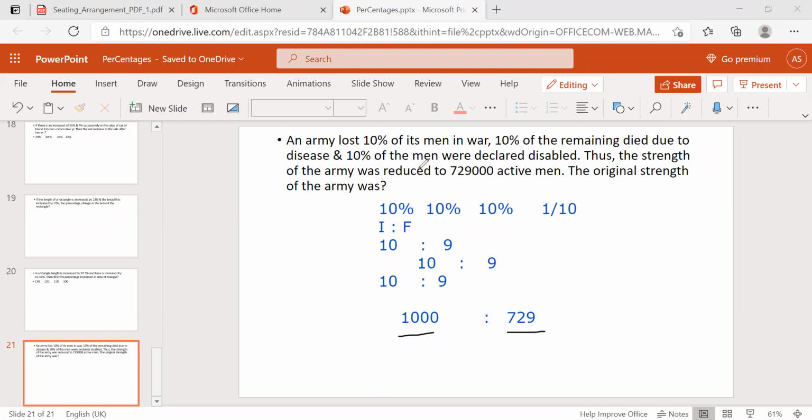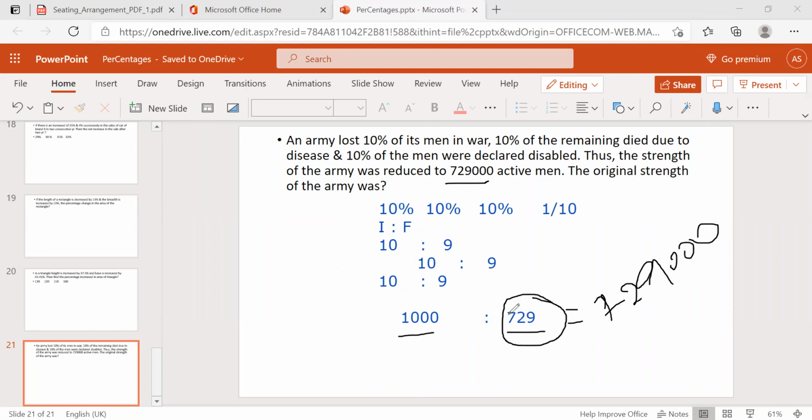Now, what they've given is the present army members, right? These are present army members. Previously it is 1000 parts. Now it is 729 parts. Now this 729 parts is equal to the given 729,000. Is it clear?